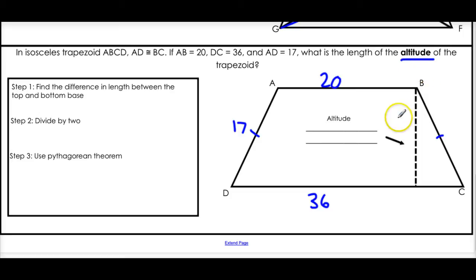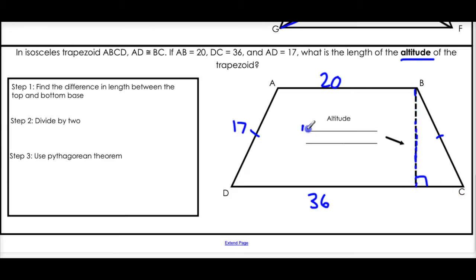Now, what is an altitude? An altitude is this. If I drop down a line from a vertex to the base to make a 90-degree angle, then that is an altitude, okay?